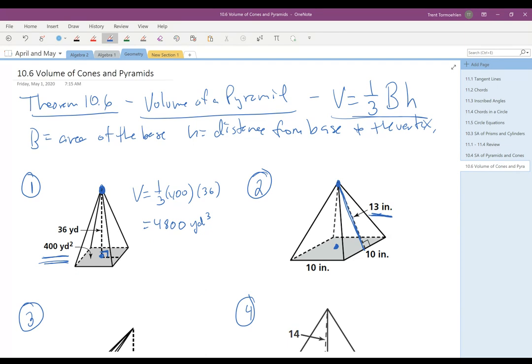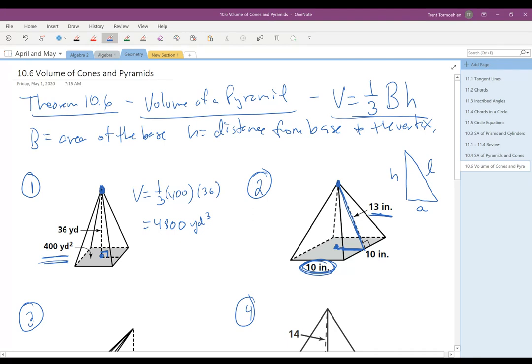So if we think about the center of the base, the distance from here to here is just going to be half, or as we refer to in a regular polygon, the apothem. And so you get this triangle, and the triangle is the apothem of the base, the lateral height of one of the faces, and then the height of the pyramid.